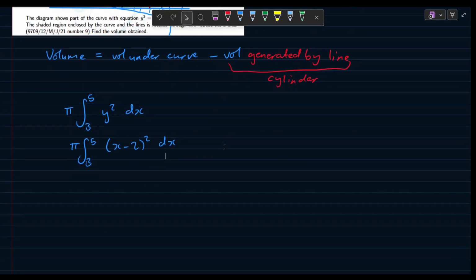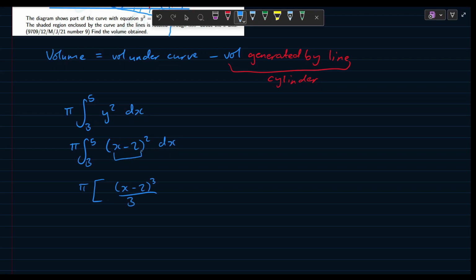Alright, and so let's go ahead and integrate this. So that becomes, add 1 to our power, so x minus 2 to the power 3, divide by the new power. Alright, and then differentiate x minus 2, you get 1. And this is all from 3 to 5.